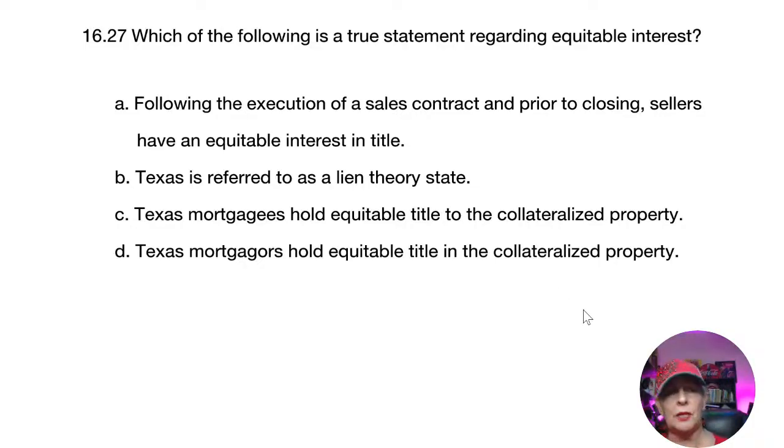So the lender keeps the control on that paid for property, right? So again, the mortgagor, which is the borrower, holds the collateralized property. 1627, D.